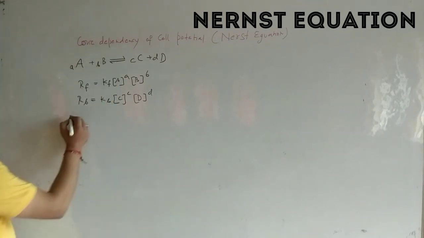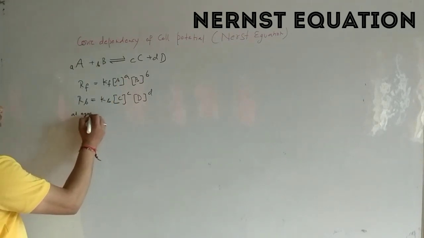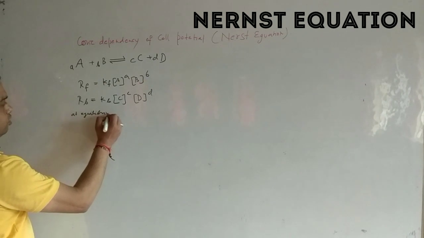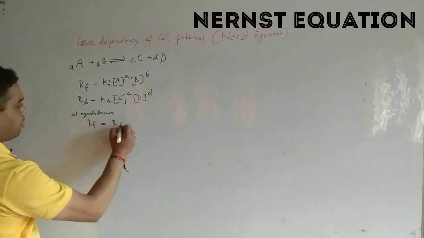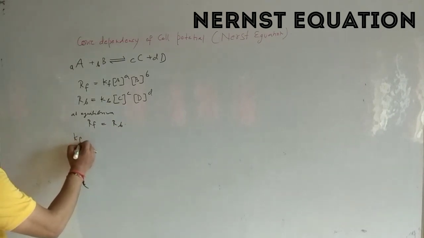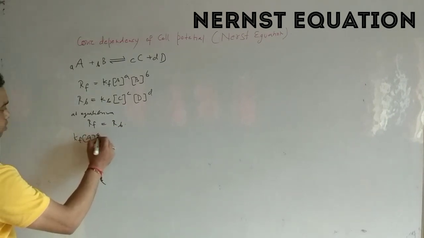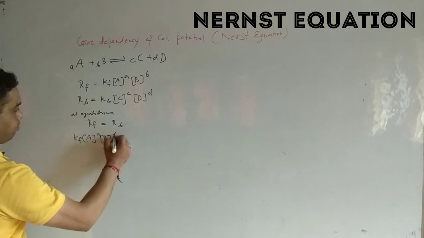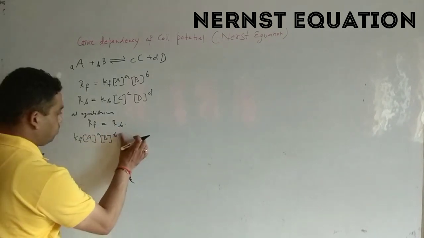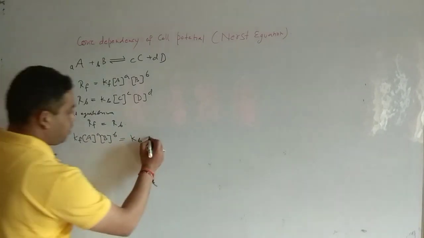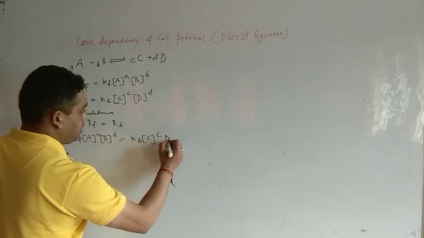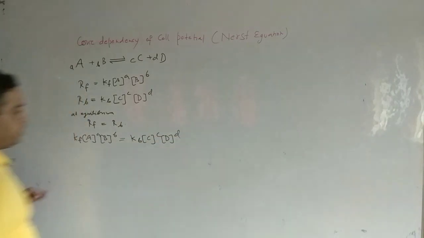Since there is equilibrium, at equilibrium you can write Rf equal to Rb, and your Rf is Kf [A] to the power of a, [B] to the power of b, that is equal to Kb [C] to the power of c, [D] to the power of d.